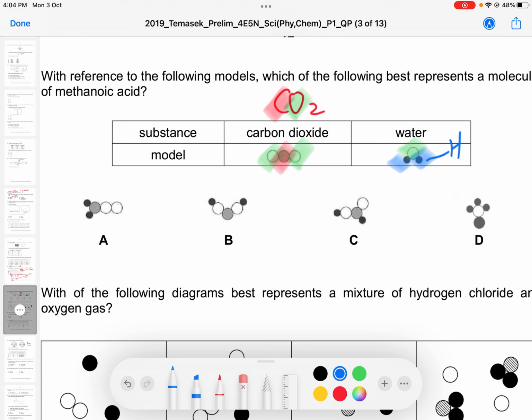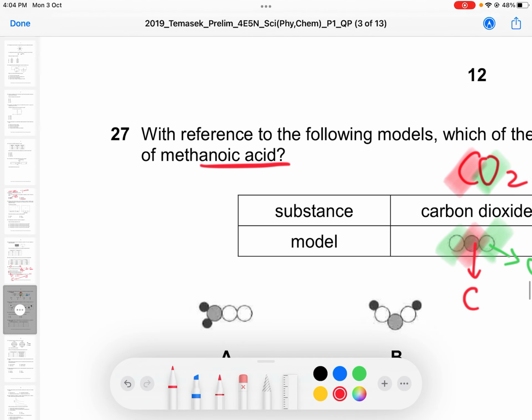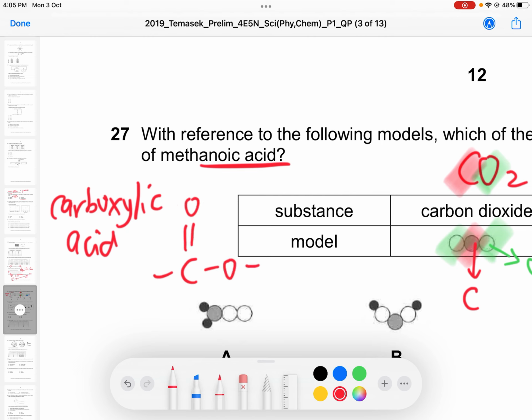For methanoic acid, you see the name OIC, so it's a carboxylic acid. The functional group is C double bond O, OH. Since this is methanoic acid, which has only one carbon, that is already accounted for. The remaining atoms bonded are hydrogen.